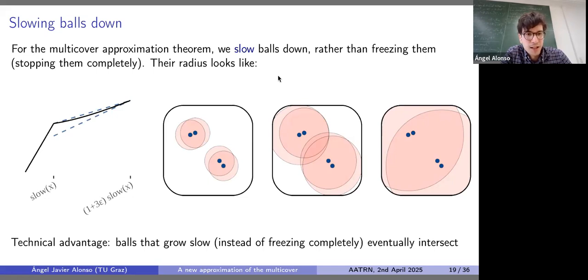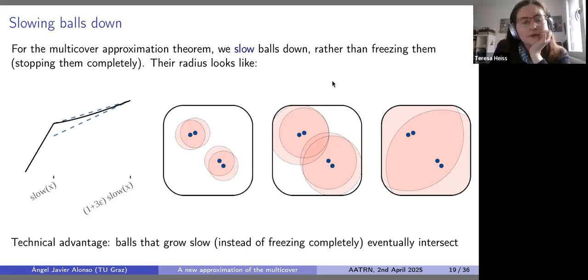Everything works the same asymptotically, and so slowing balls down was a solution to try to address that. Perhaps everything works with freezing, but slowing balls down with a specific rate that is kind of quadratic, as I saw here, allows you to compute the intersection time exactly instead of taking discrete snapshots of the filtration. Yeah, thank you.